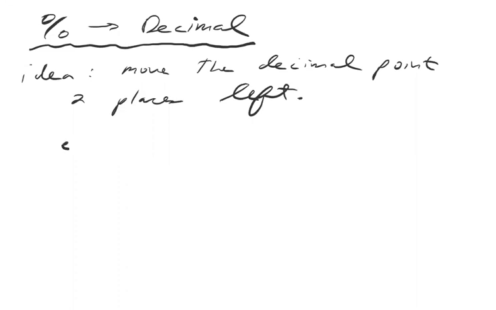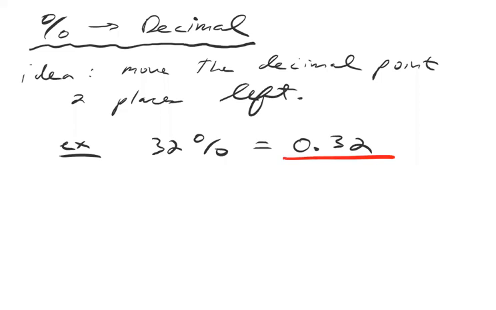Okay, so for example, if I say 32%, well, the decimal point is right there in 32, isn't it? And anytime we have a whole number, the decimal point is furthest right. So if I move it to the left, I would get 0.32.